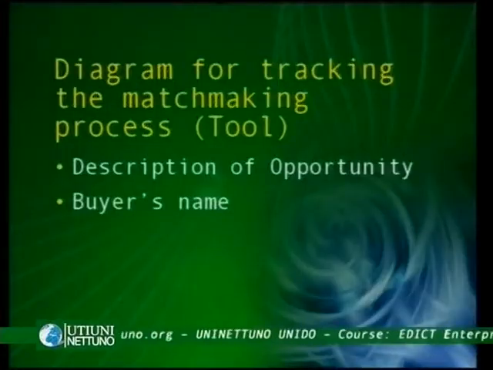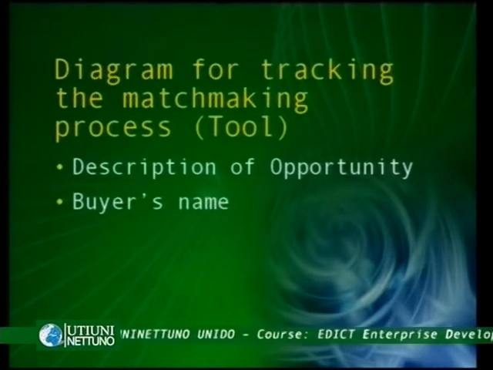If we talk about the diagram for tracking the matchmaking process, this is now a further development after, remember, we spoke about the opportunity pipeline tracker. The opportunity pipeline tool was just a number of opportunities or groups of opportunities or possibilities that could be taken further and looked into.